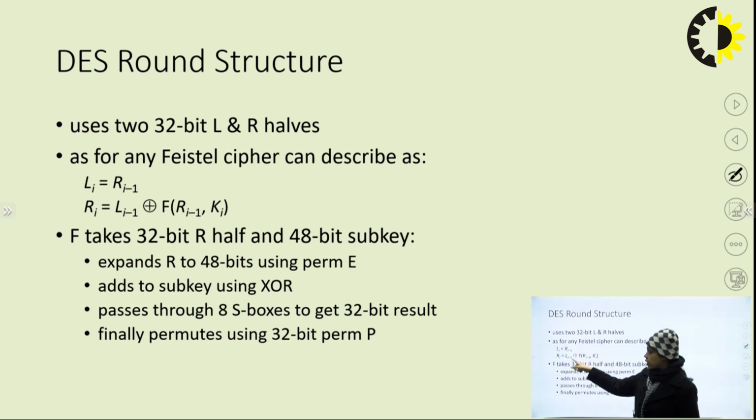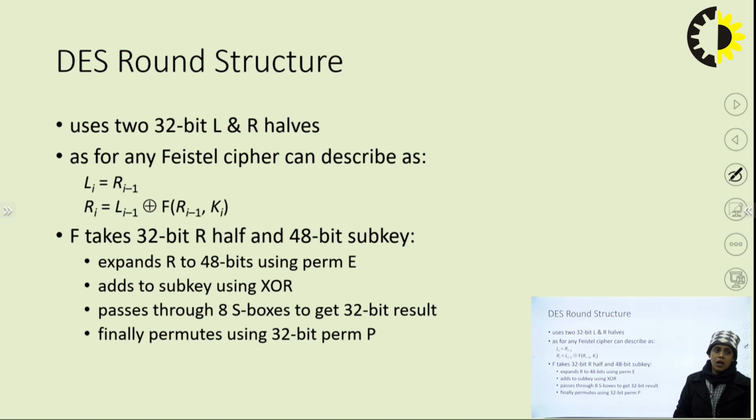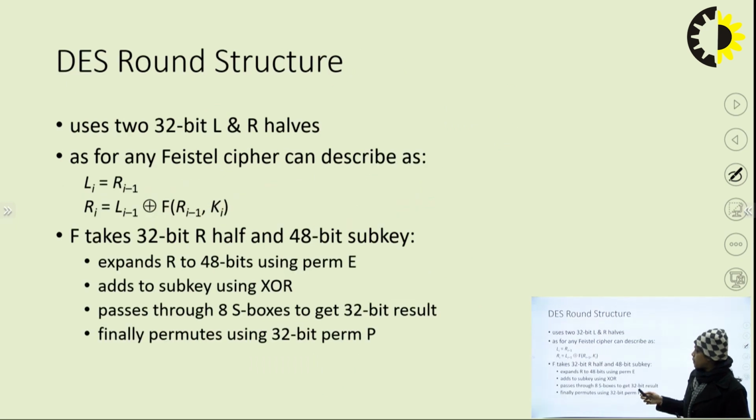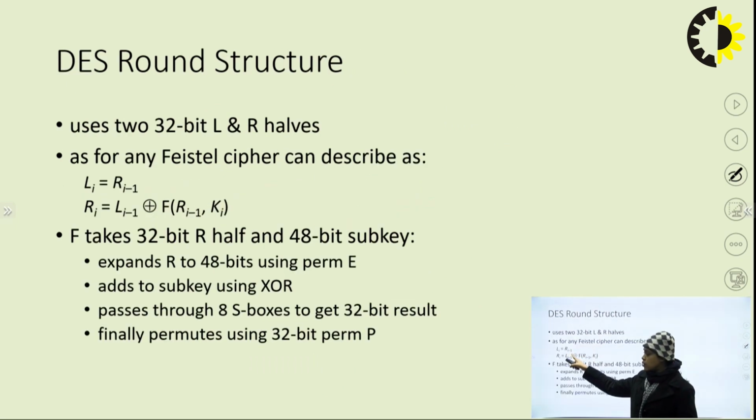What this left and right half is going to perform, you can see here. If we take Li, if we are talking about the left hand side, and I means the round, for round 1, Li means L1. It is equal to Ri minus 1.